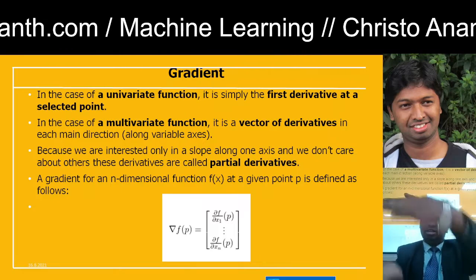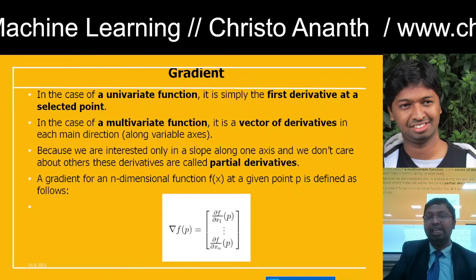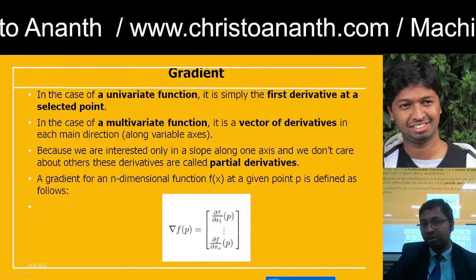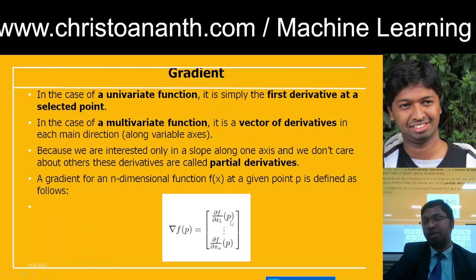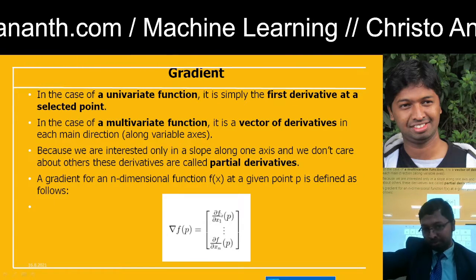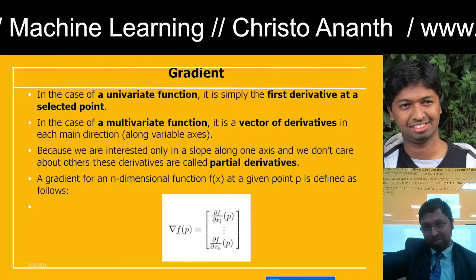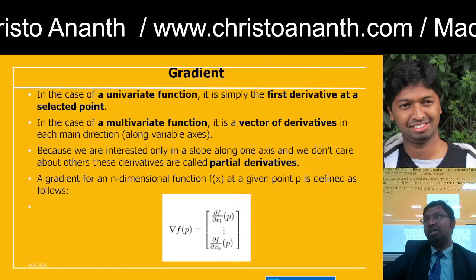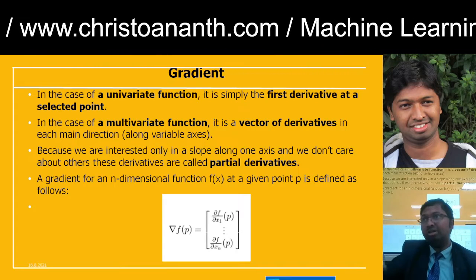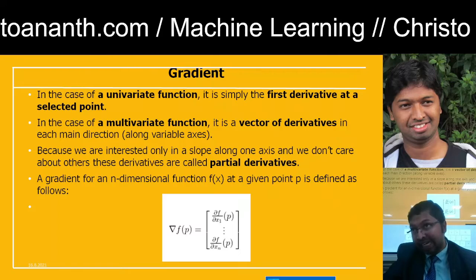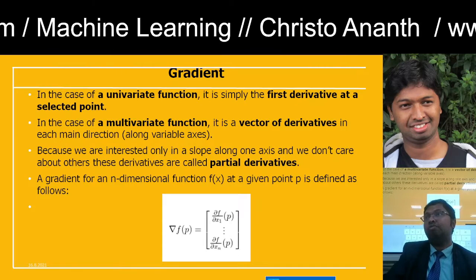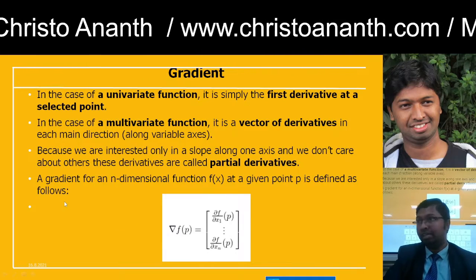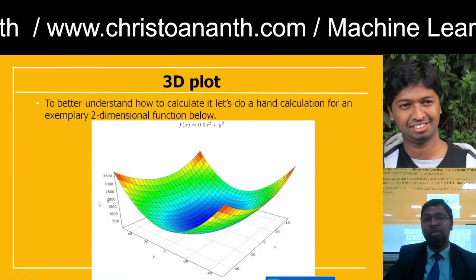This triangle upside down, del f of p, is equal to dou f by dou x1 of p, up to dou f by dou x2 of p, then dou f by dou x3 of p, up to dou f by dou xn of p. So this is the gradient function for an n dimensional function f of x.